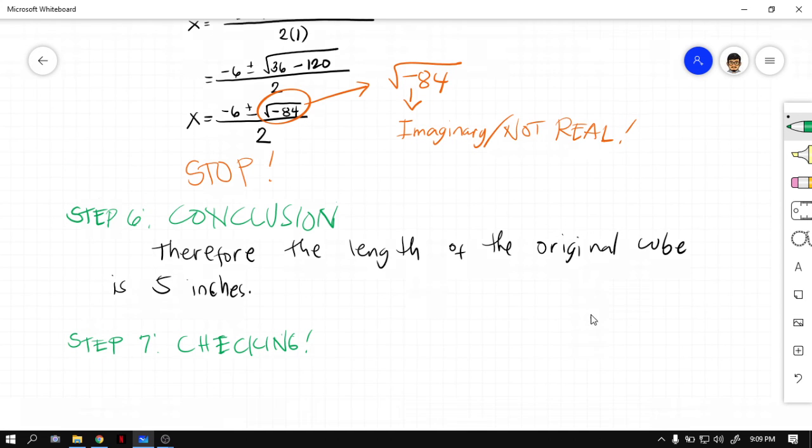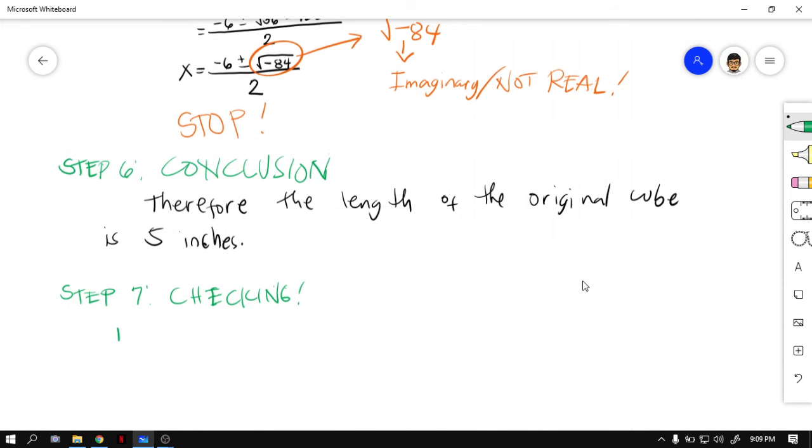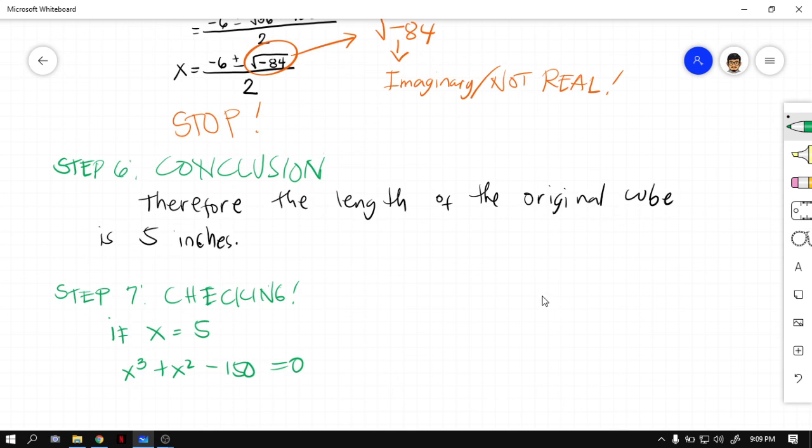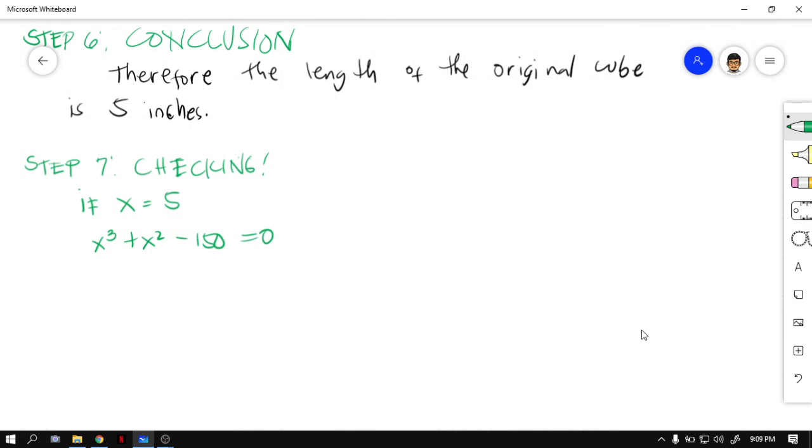Okay. If x is equal to 5, then x cubed plus x squared minus 150 is equal to 0. Okay? Let's just substitute.